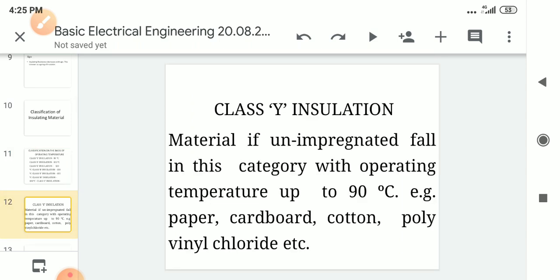Let's see the first class, that is class Y insulation material. Class Y insulation material, if unimpregnated, falls in this category with operating temperature up to 90 degrees centigrade only.